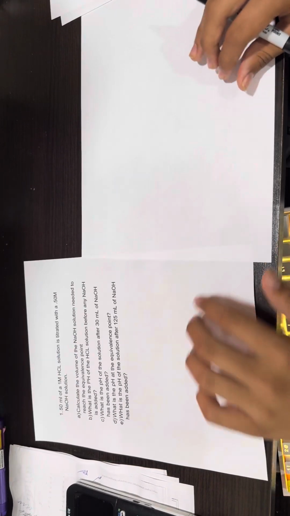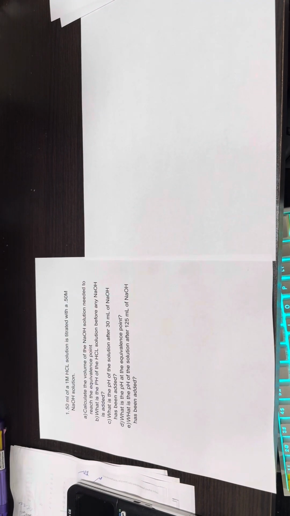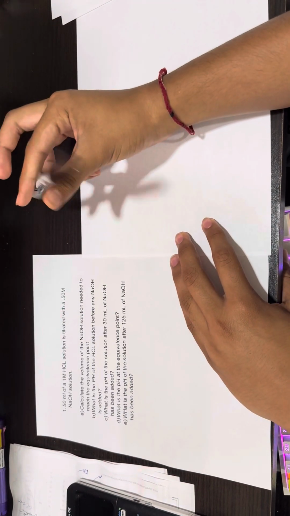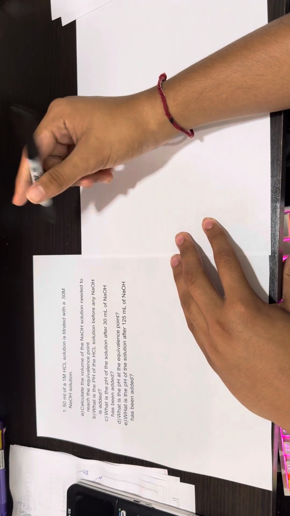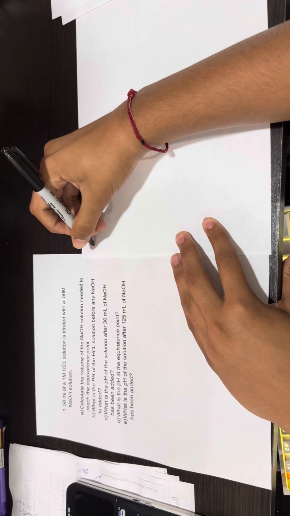So for part B, we're being asked, what is the pH of the HCl solution before any NaOH is added? So we can use the information given to us. We have 50 milliliters, we don't need any of that. We just need the ones.